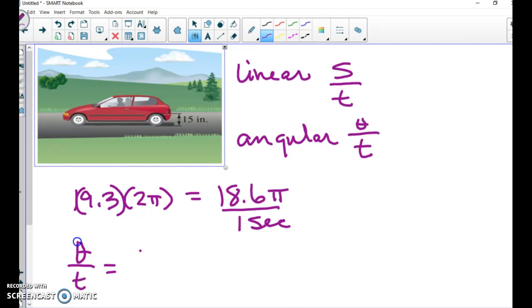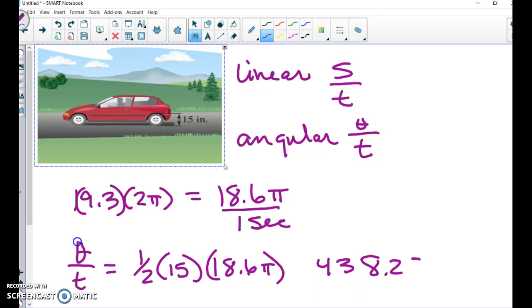We know the radius to be 1/2 of the diameter that they gave us, times 18.6 pi, and we come out with 438.25 inches per second. Please try problem 109. Come right back here and we'll go over the solution.